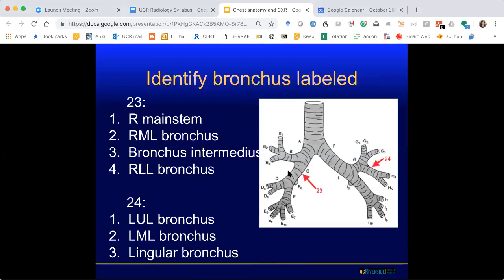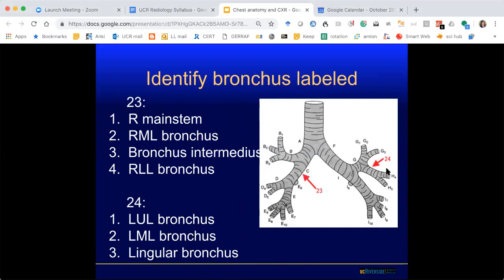Identify what this bronchus is. The name of this bronchus, 23. So this is the main bronchus, and then this is west. So we think it's a right middle lobe bronchus. Okay, any other guesses? Right middle lobe. Okay, so I think the consensus is a right middle lobe bronchus.